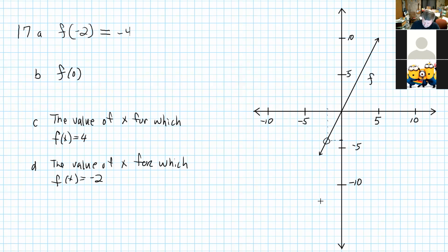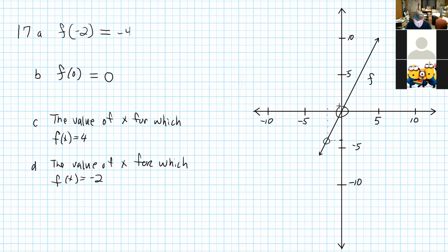How about F of 0? When X is 0, what's the Y value? 0. Right. The graph goes through the origin. Okay, are we all right with that so far?